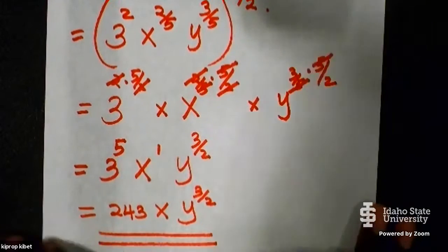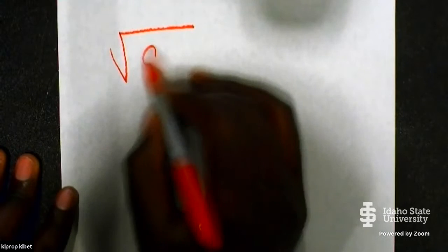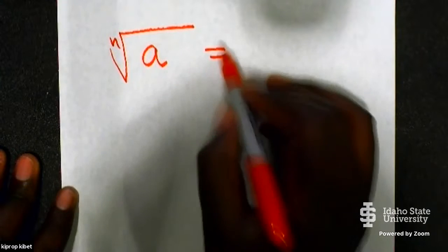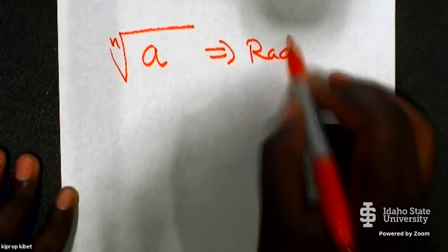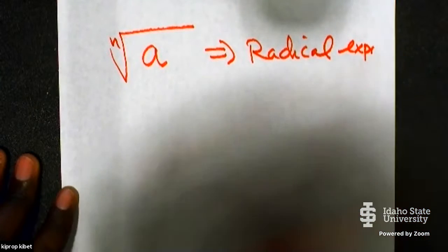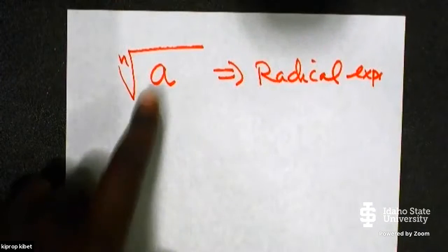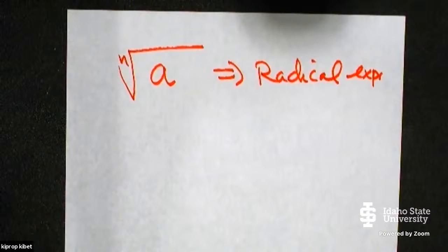Okay, so let's come to example number 3. So example number 3 is, as I said, in terms of the nth root, this is the radical expression. So you can be told to write this one in rational exponent form.